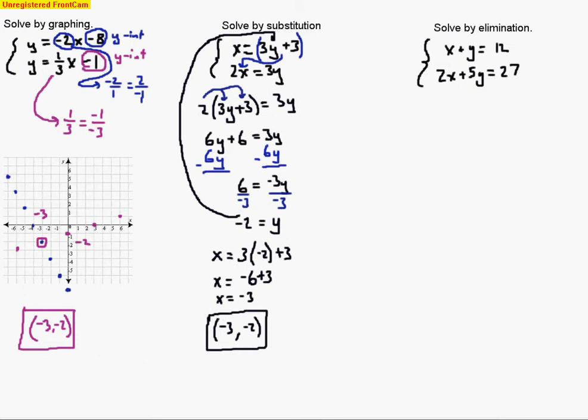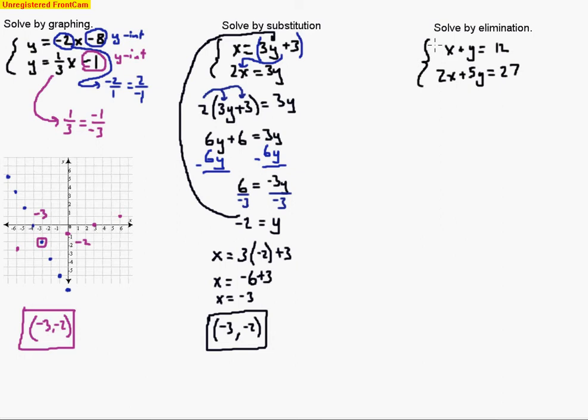The last method is elimination. This is what we've been working on the last couple of days. Here we're trying to eliminate one of these variables by adding the equations together. I can't add the equations the way they're at because it doesn't eliminate the x's or the y's. So we have to modify an equation.